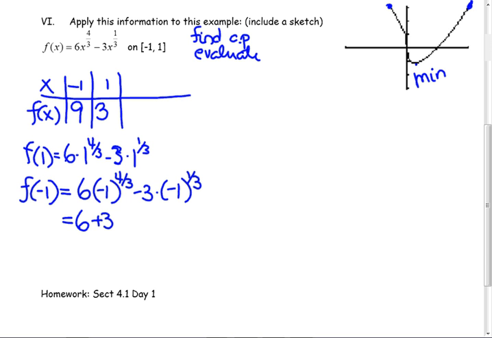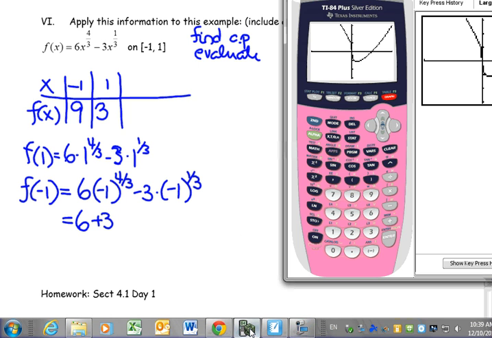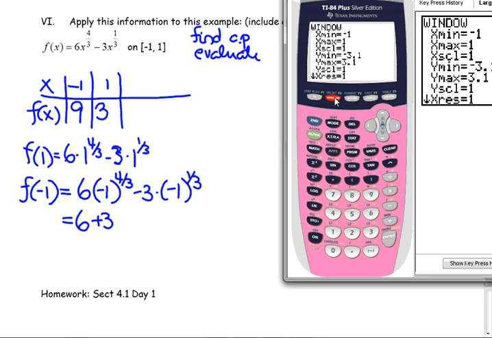So the question is, what's the other value? Yeah, that's 9. This is cut off. That's the reason why I can't see it. On my graph, if I go up here and I change my window, notice my y values only went up to 3.1. Let's make it 10. So this is the way your calculator lies.